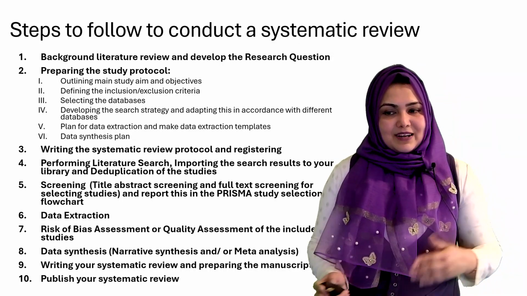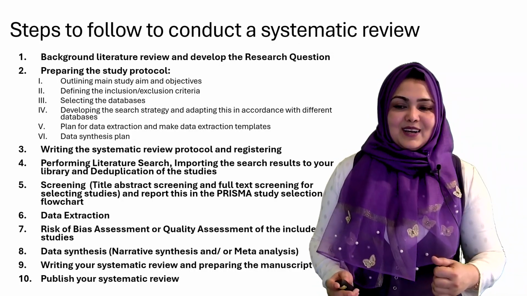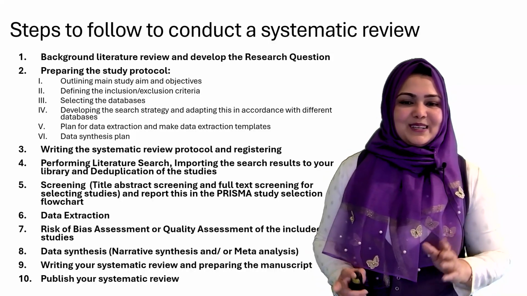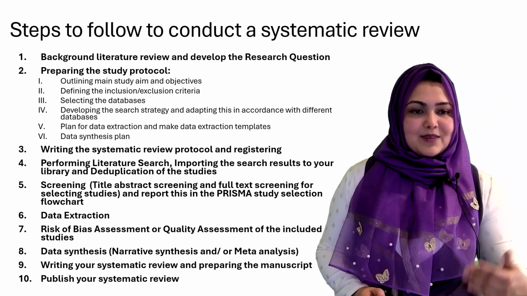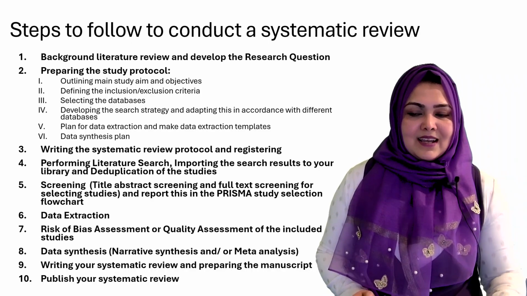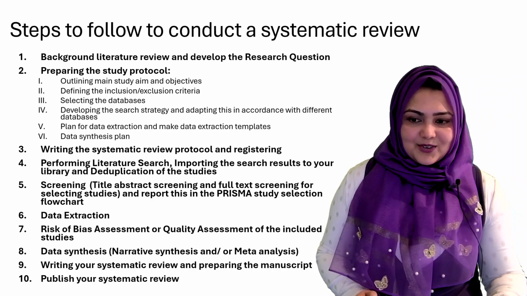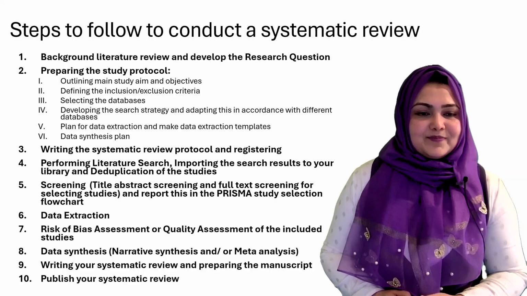And then the final step, step 10, when you are very happy with your manuscript, you will proceed to the step of submitting it to a journal and hopefully publish your systematic review.